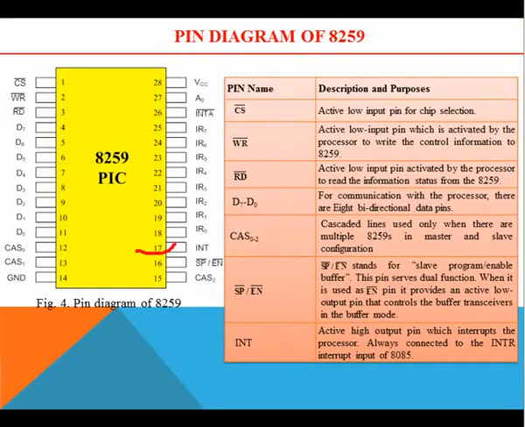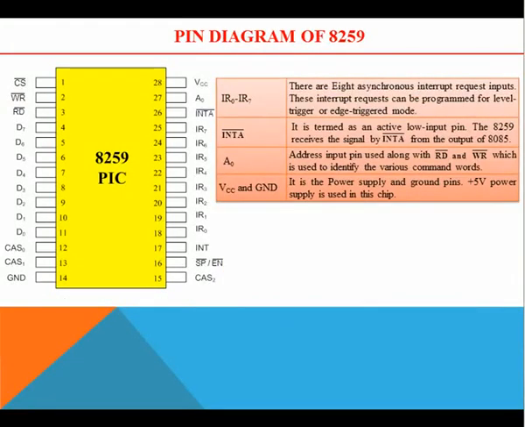Pin 17 is the INT pin. This is an active high output pin which interrupts the processor. It is always connected to the INTR interrupt input of 8085. There are 8 asynchronous interrupt request inputs from pin 18 to pin 25.